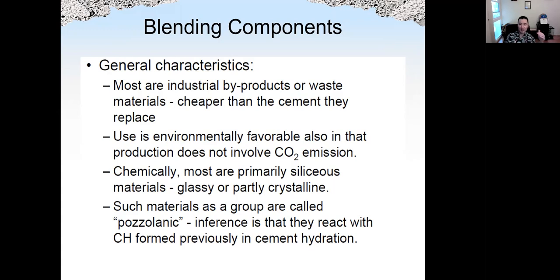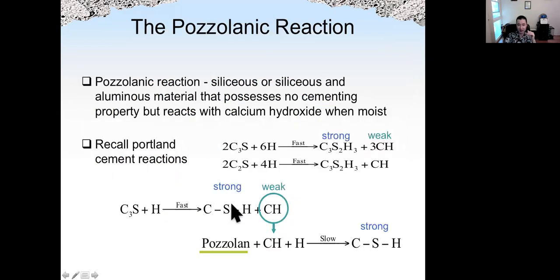So these materials we call pozzolanic materials. Pozzolanic materials will react with calcium hydroxide, which, as you remember, is formed between water and C2S and C3S. And here is the chemical reaction. We call that the pozzolanic reaction.